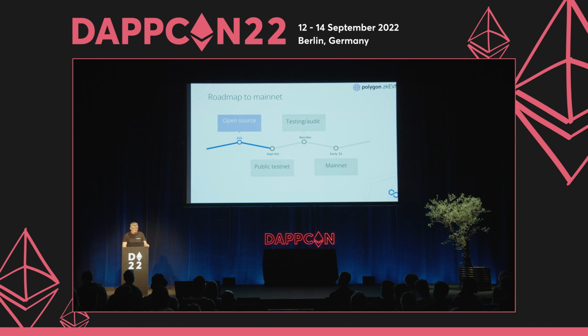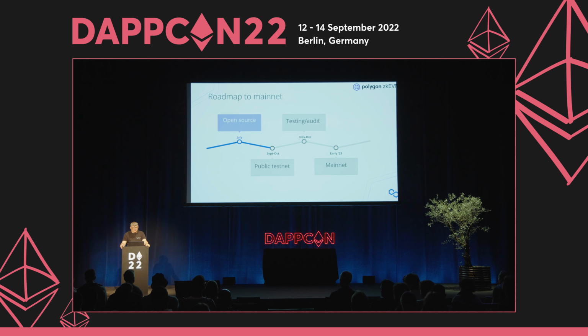Okay. Roadmap: at this point we open sourced that 2 months ago. We are working really hard right now on bug fixing and stabilizing the different pieces. Currently, the internal testnet is working quite well. And we hope that very soon we can publish the public testnet with everything in there.